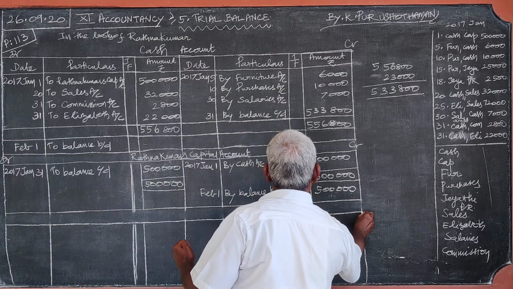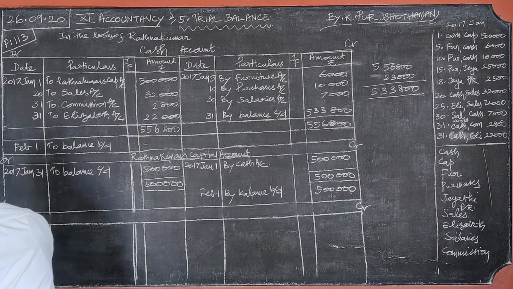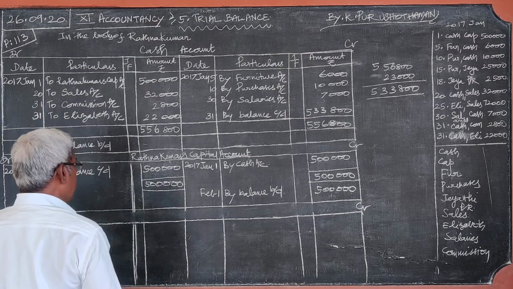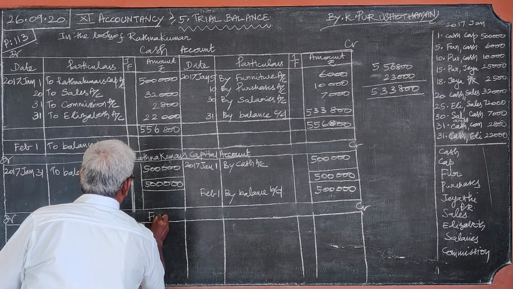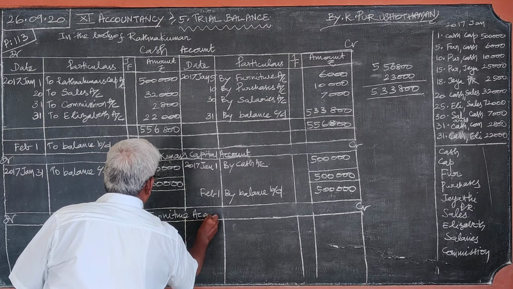Debit as usual, credit. I don't want to write the date and particulars for want of space. This is furniture account.